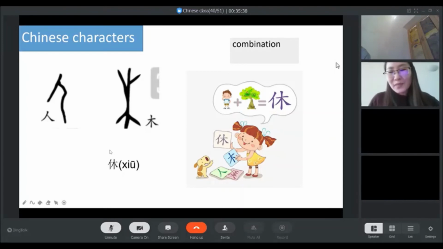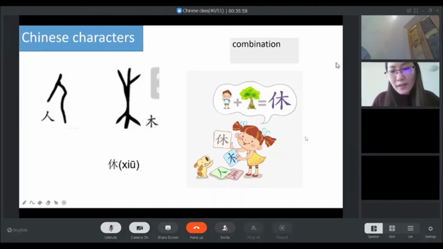It means have a rest. It also means stop. That means a person sitting under a tree. He's tired of sitting under the tree, so it means stop, have a rest.